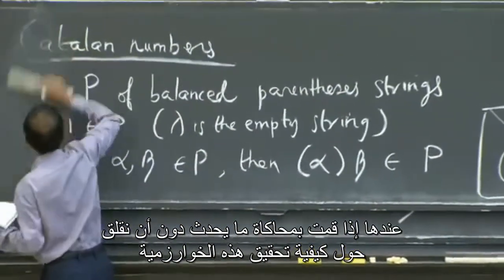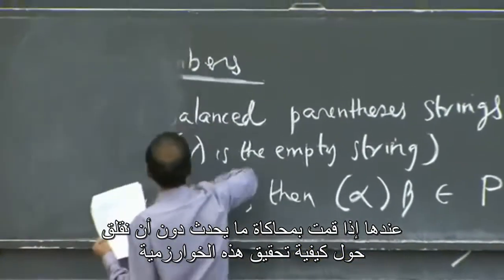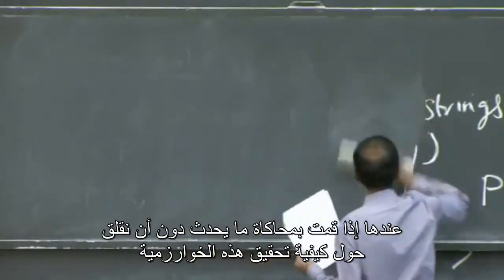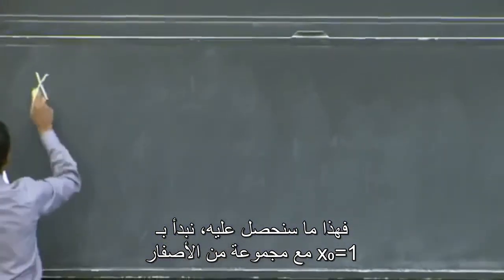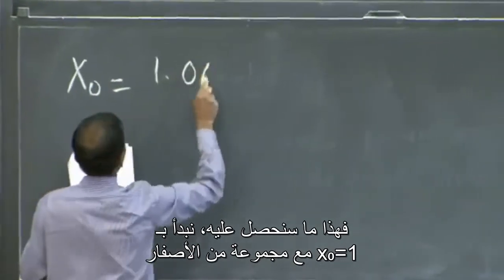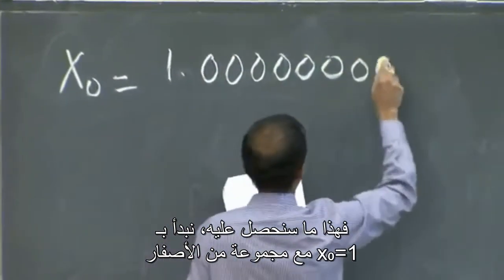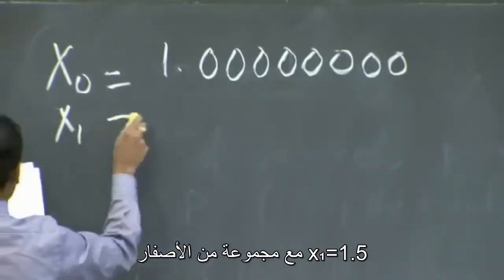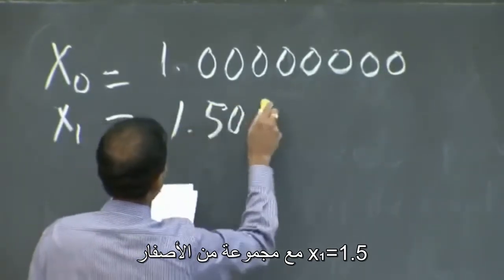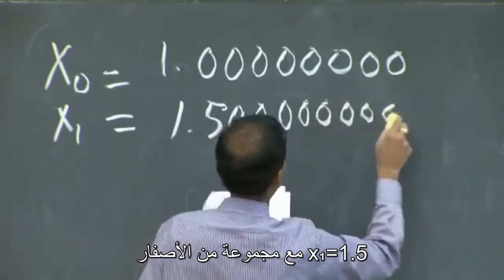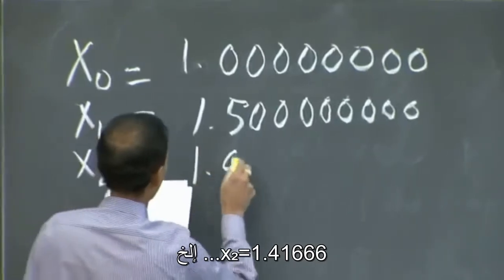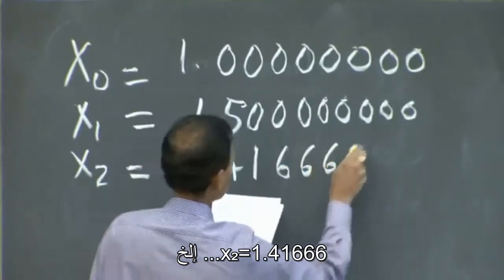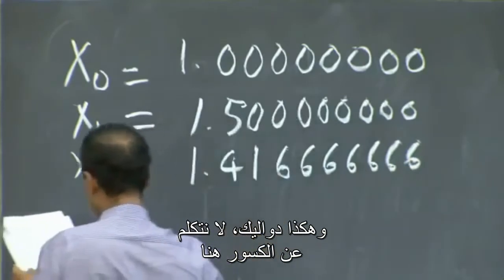then if I simulate what happens without worrying about the implementation, this is what you'll get. You have x0, you start with x0 equals 1 with a bunch of zeros. x1 equals 1.5 with a bunch of zeros, etc. And then x2 equals 1.41666, etc. That goes on.